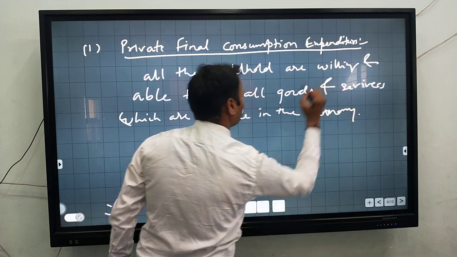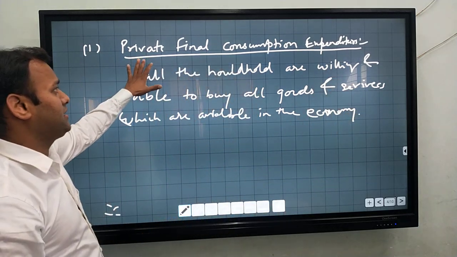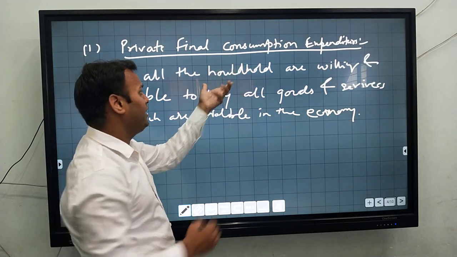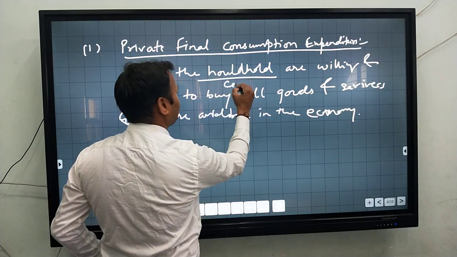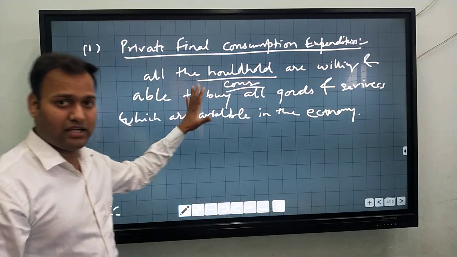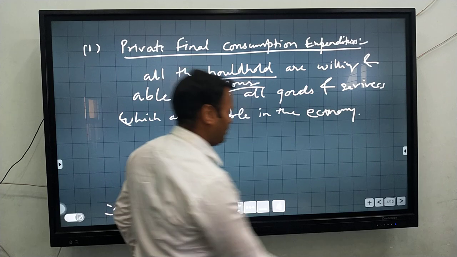Okay, so this is the meaning of private final consumption expenditure. All the expenditures incurred by the household, or you can say the consumer, within a particular time period, that is called the private final consumption expenditure.